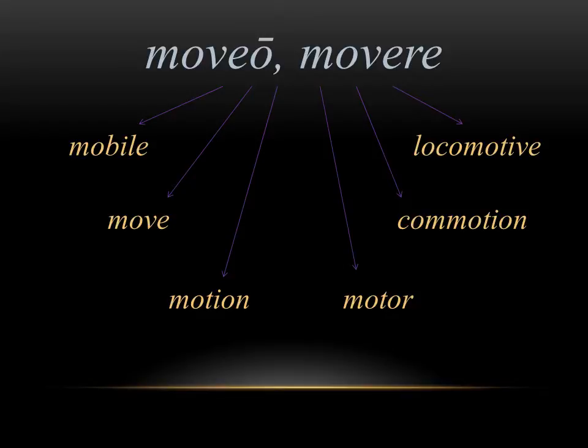A good derivative to know for this would be the word motion, because if you can remember that, you'll remember that this is a word of movement. That idea of motion helps explain all 6 of these derivatives. They're all about moving. If you call someone mobile, it means they're able to move. And if you think of a motor, it's something that helps you move from one place to the next. That's the root of all 6 of these words.